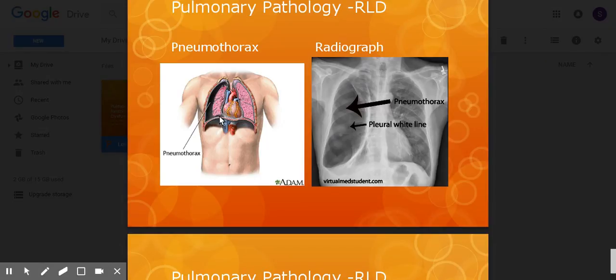That change in pressure is then going to result in a pneumothorax and a collapsing of the lung. And so just wanting to show you the artist's rendering of that pneumothorax, as well as a radiographic example of where you can see where that lung has collapsed as a result of the pneumothorax.